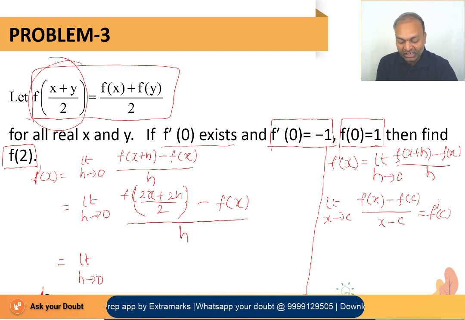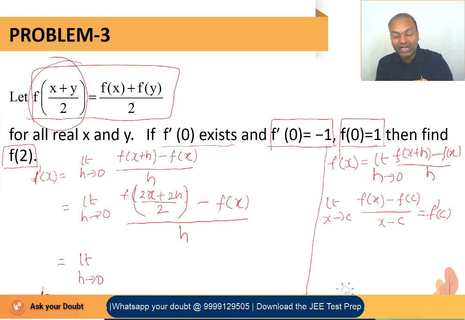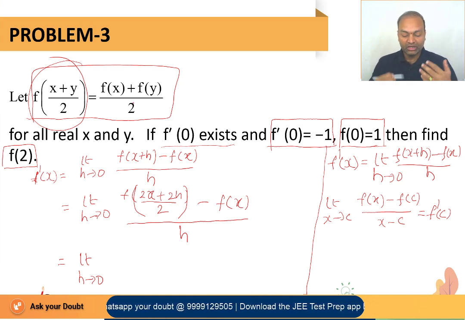So here in place of x, what is the value? 2x. In place of y, 2h. So replace x by 2x and y by 2h in this equation. Understood? What will happen?